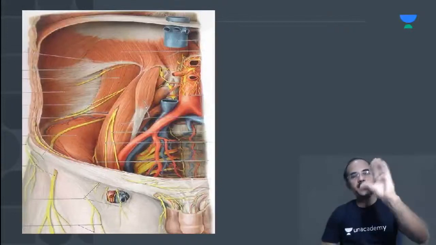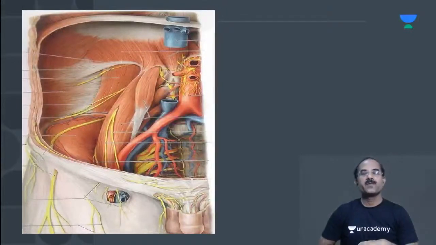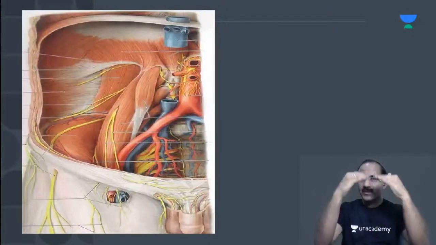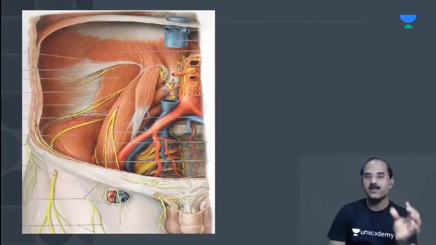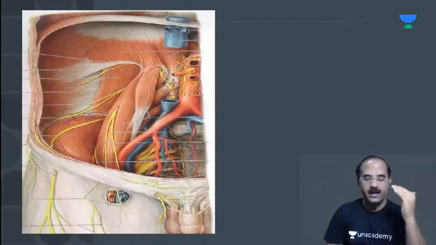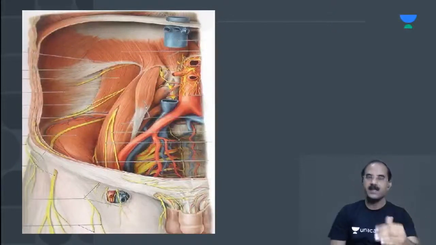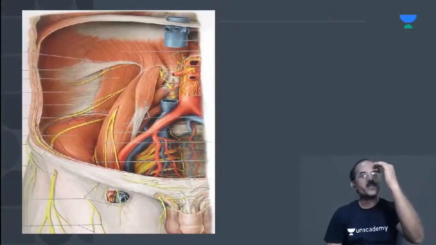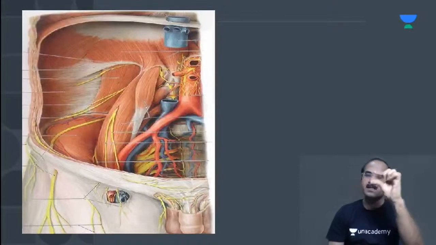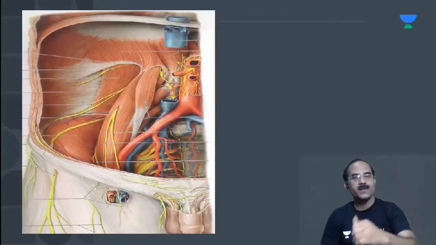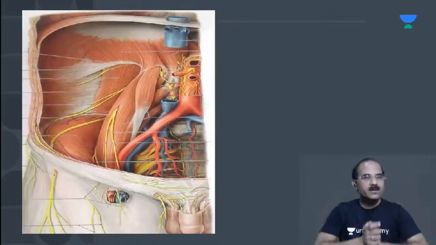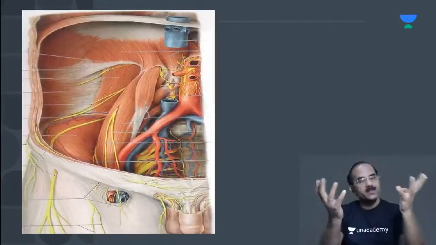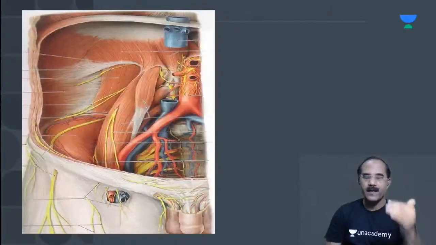From the T5 to T9 thoracic sympathetic ganglions, the fibers which emerge are known as the greater splanchnic nerve. T10 and T11 give the lesser splanchnic, and T12 gives the least splanchnic nerve. They do not relay in the sympathetic ganglions, so they emerge as preganglionic fibers.